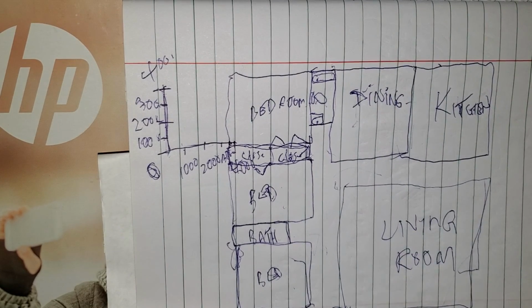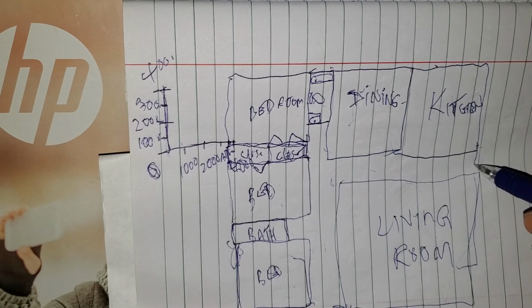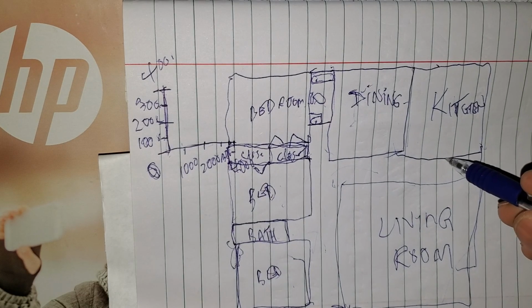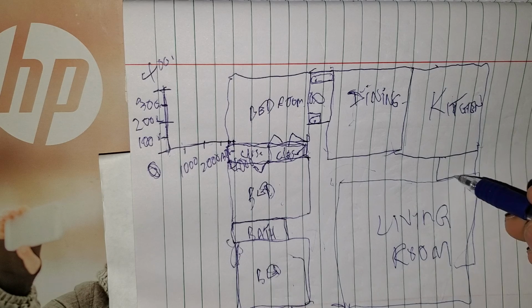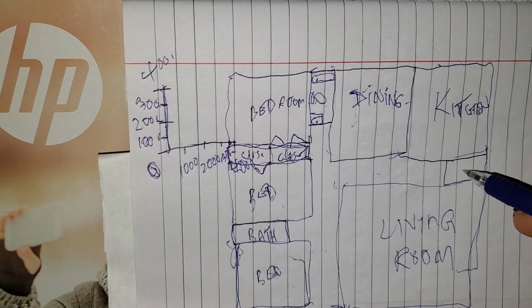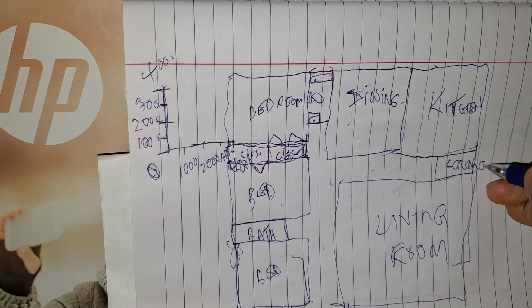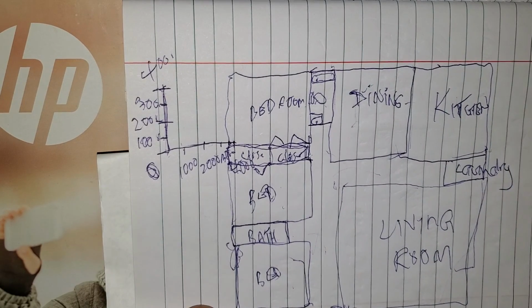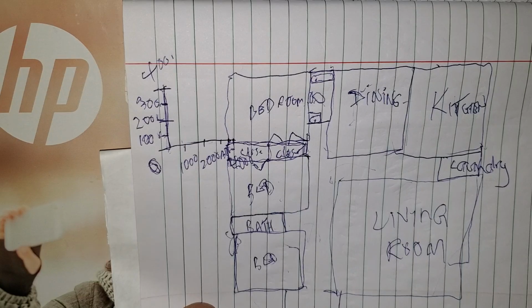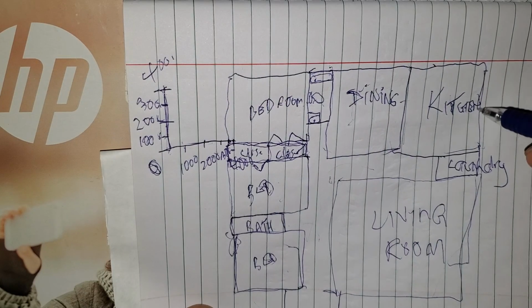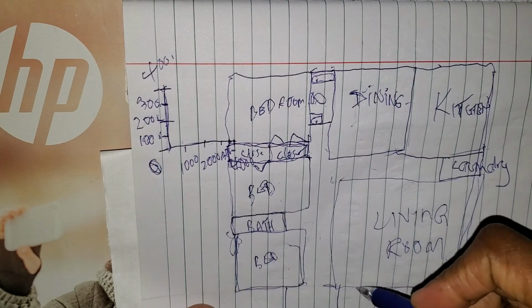All right. So this could be the laundry area. We could use here as a laundry. Laundry area. So this could be a sketch for your SBA. Pretty much.